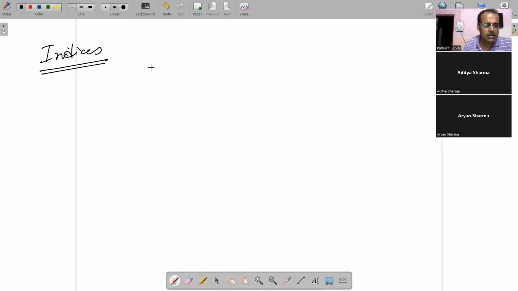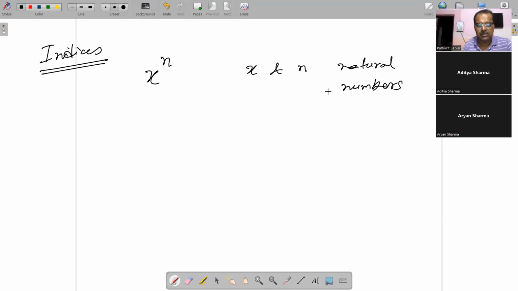Now see, suppose we write x to the power n, and we consider x and n, these two are natural numbers. If x and n are both natural numbers, then x to the power n means we are multiplying this x n times.